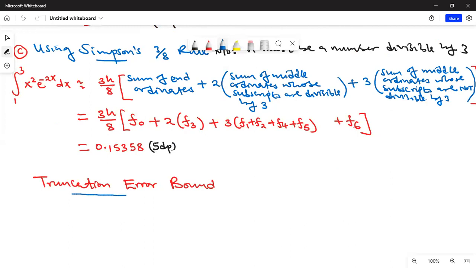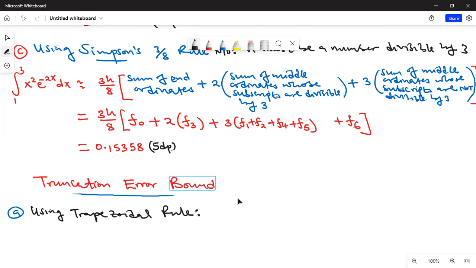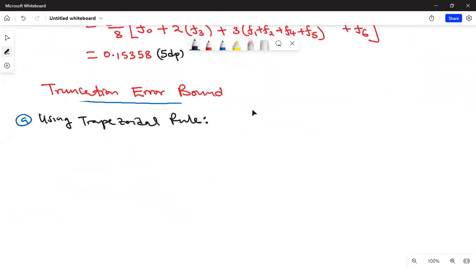So let's start with part A. How do you find the error when you use trapezoidal rule? So you can write here part A, using trapezoidal rule. This is how you are going to find the error when you use trapezoidal rule.